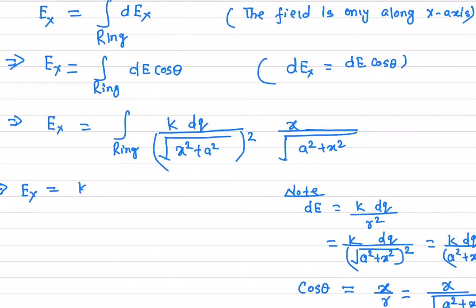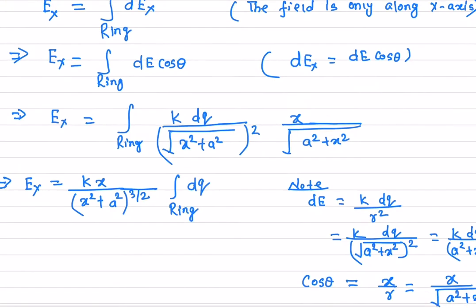If I take out all the constants, what I get is k times x divided by, and this is x square, so a square root and a square will cancel out, and then you have a square root here. If I add them together, what I get is x square plus a square to the 3 over 2, and then this is the dq over the entire ring.